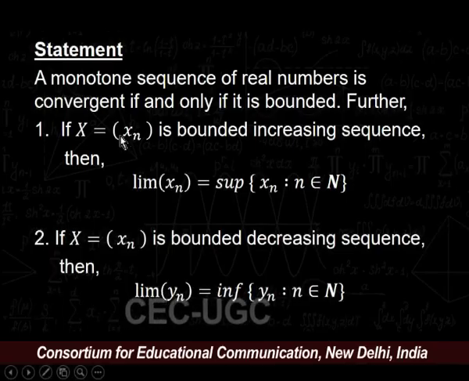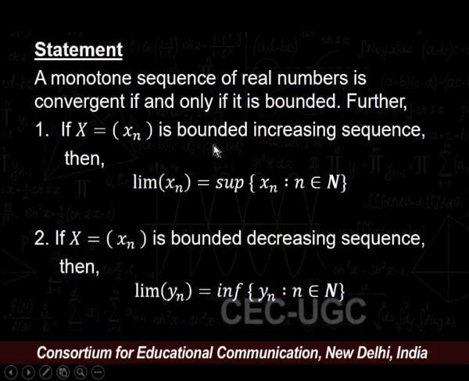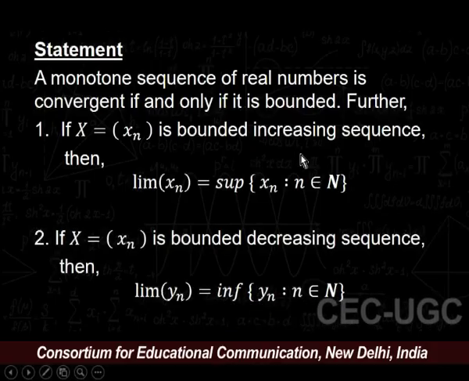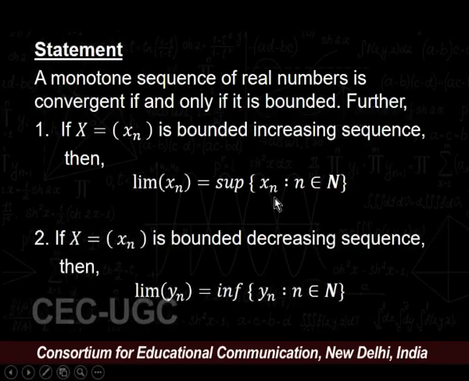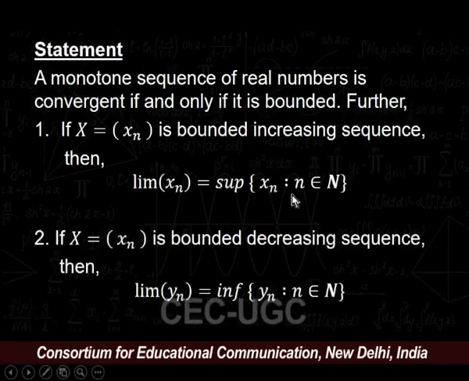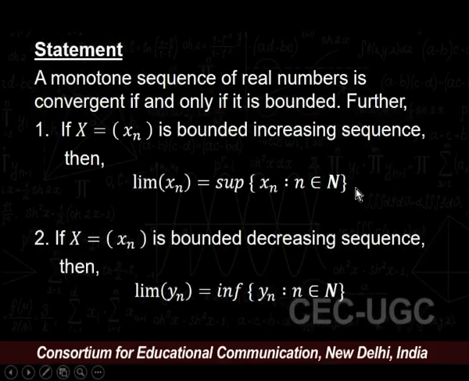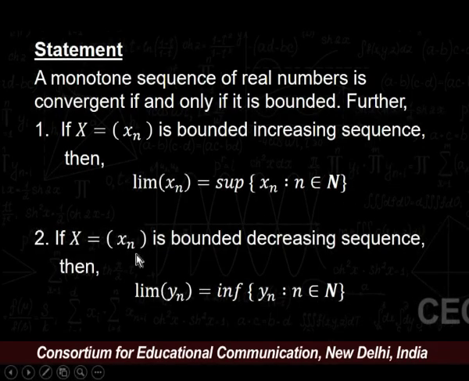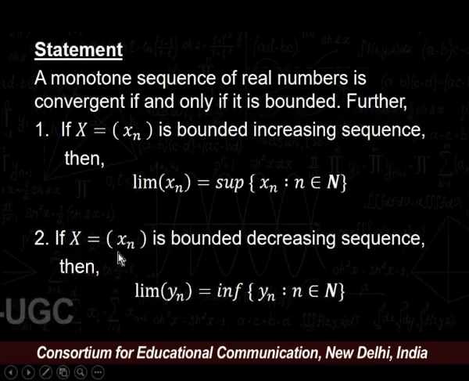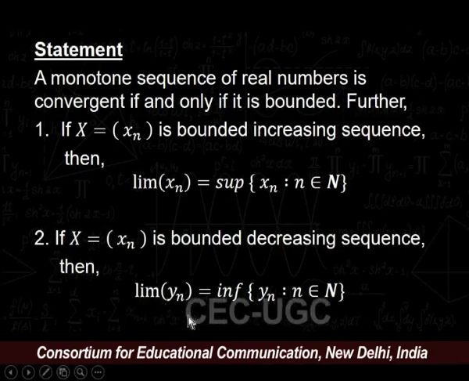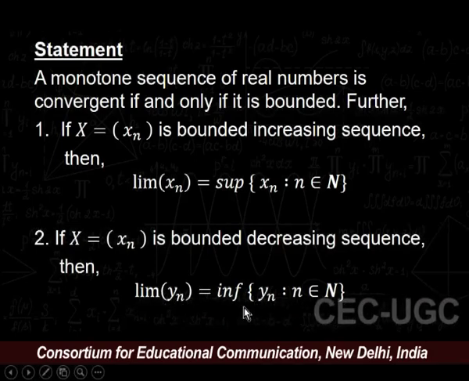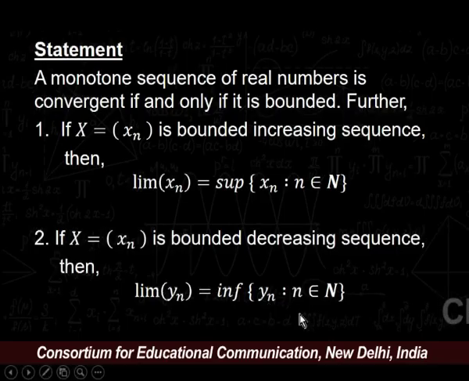Further, if x = (x_n) is a bounded increasing sequence, then the limit of x_n is equal to the supremum of the set {x_n : n belongs to natural numbers}. And the second part is, if y = (y_n) is a bounded decreasing sequence, then the limit of y_n is equal to the infimum of {y_n : n belongs to natural numbers}.